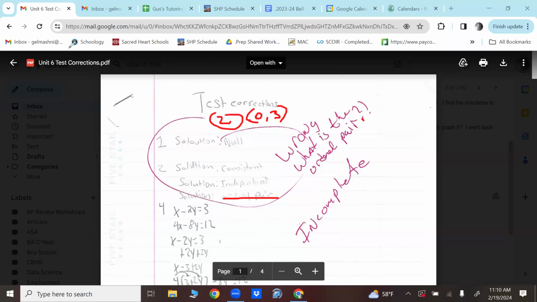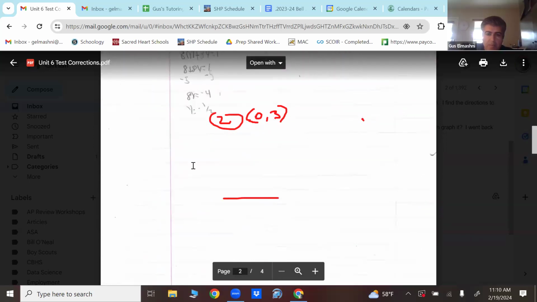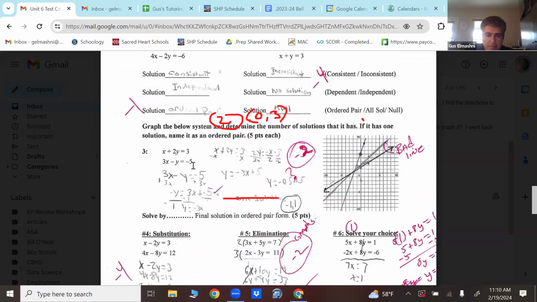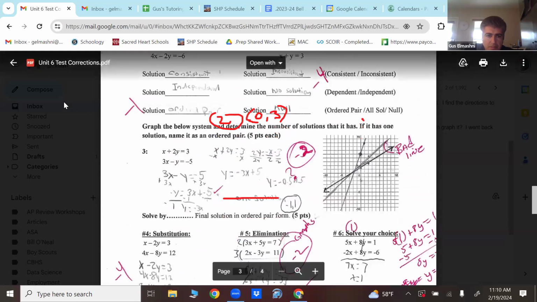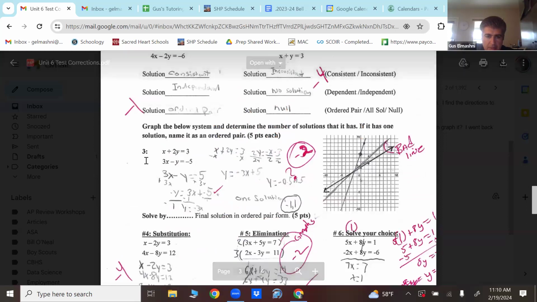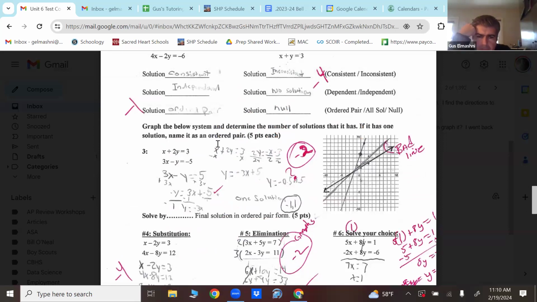Okay, now let's talk about number 4. Number 3 was good. Looks like you added 3x to both sides. And then let's see here. x plus 2y, you got y by itself also.